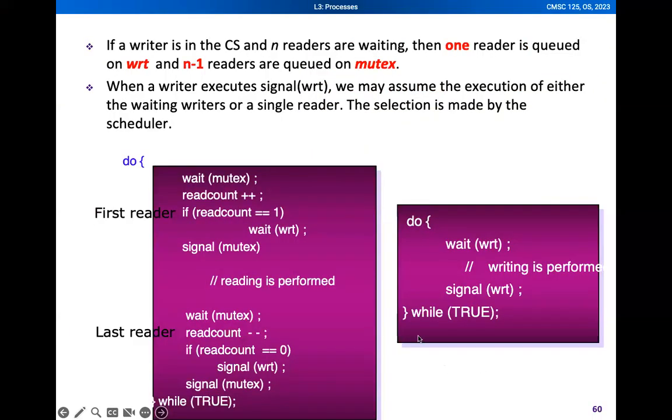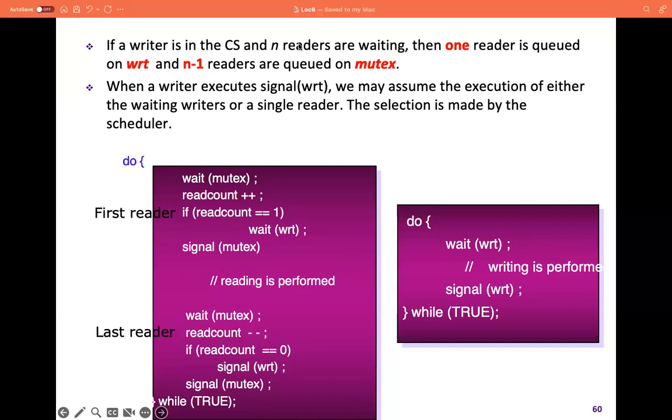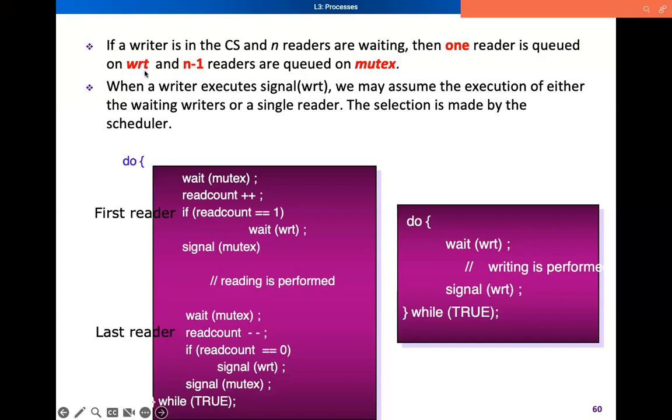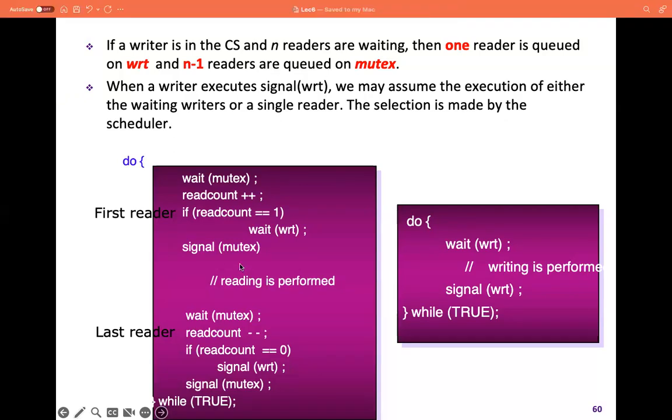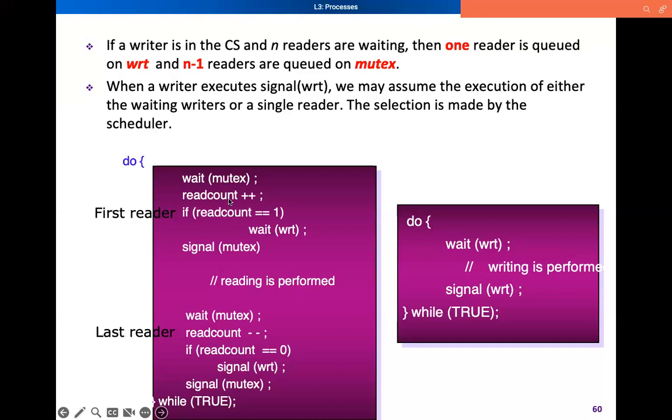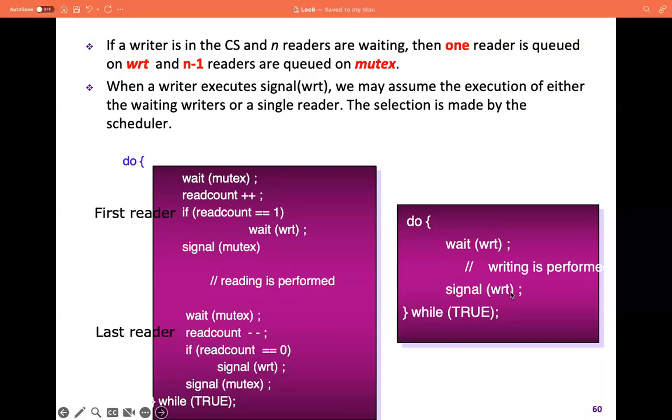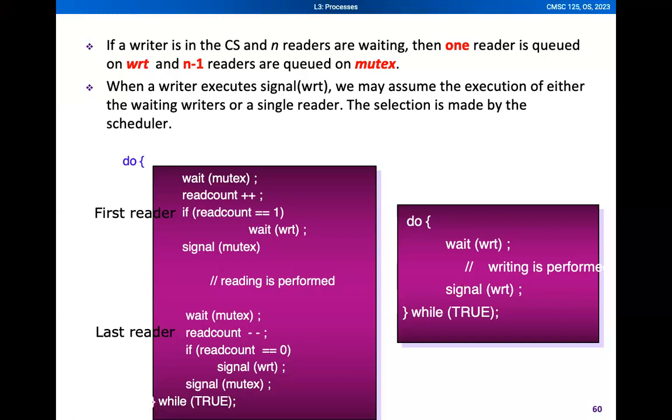Okay, so if a writer is in the critical section and n readers are waiting, then one reader is queued on WRT or on the write semaphore, and the n-1 readers are queuing on the mutex semaphore. So when a writer executes the signal, signal write, we may assume that the execution of either the waiting writers or a single reader resumes.